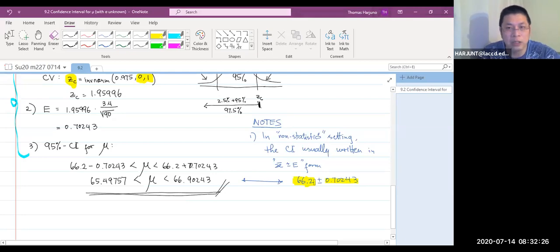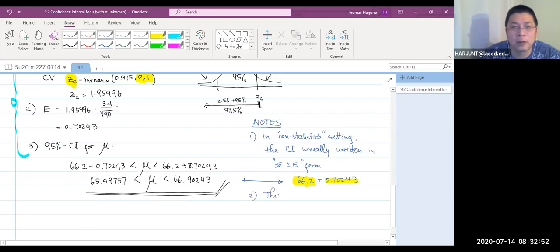Once in a while, this notation is also written in a statistics paper, but usually they write it this way when it comes to the conclusion. They say, the sample mean is 66.2, and from our computation, the margin of error is this. That's one.